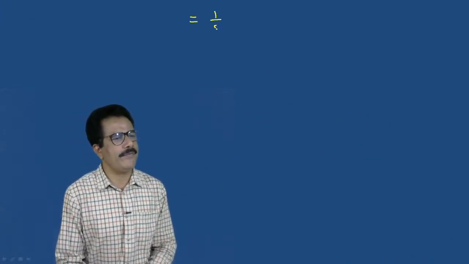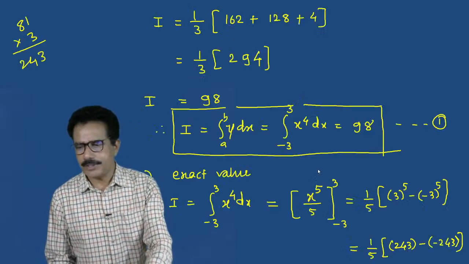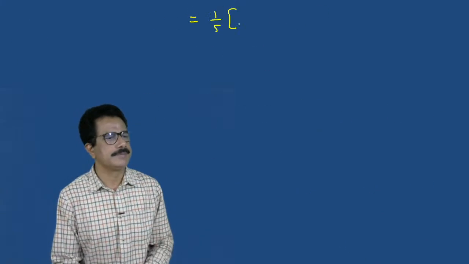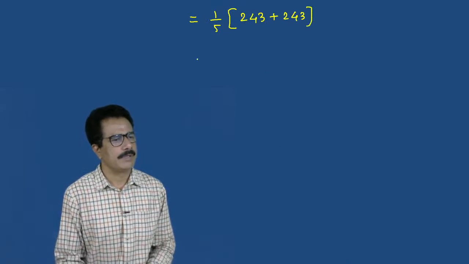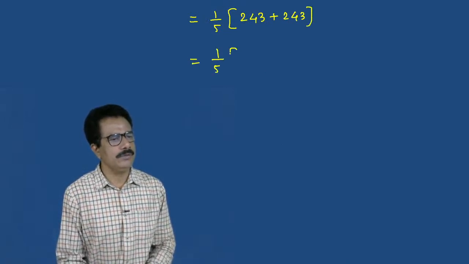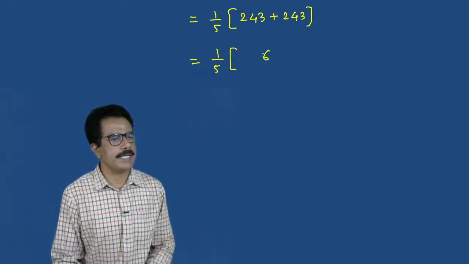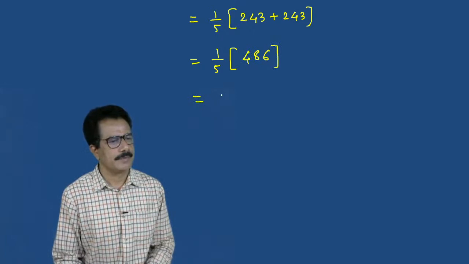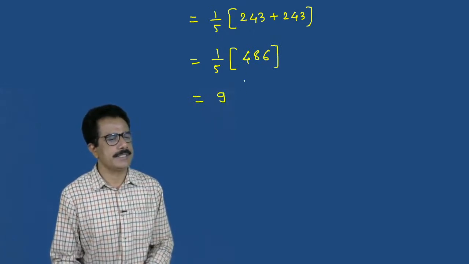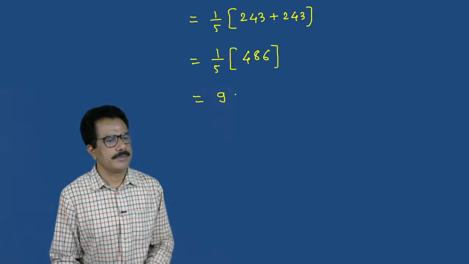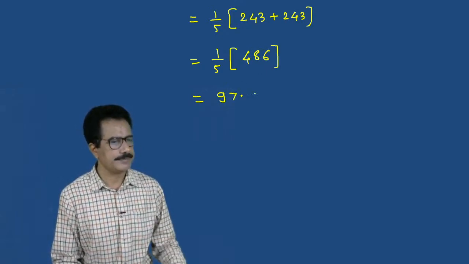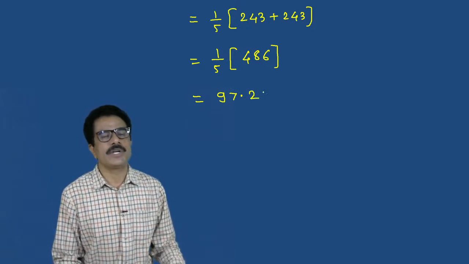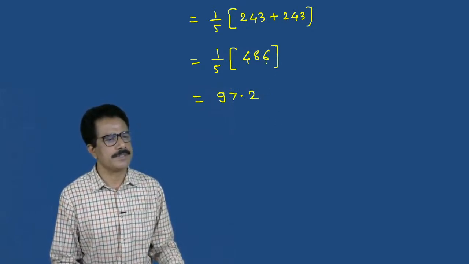So 1/5, 243 plus 243. 1/5 किती येतं पहा. 97.2.